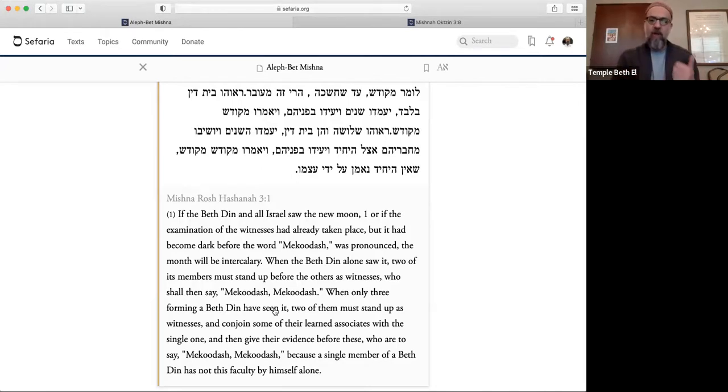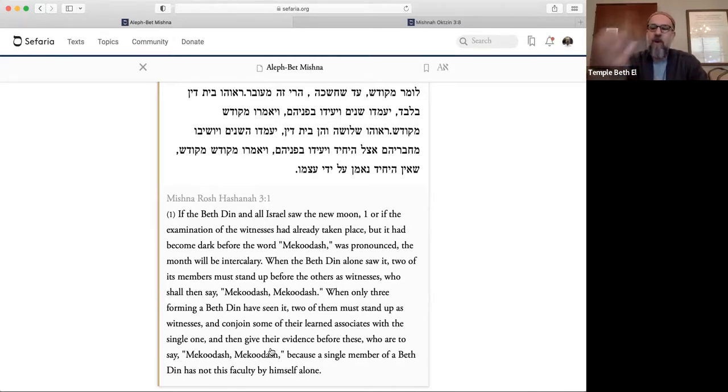So when only 3 forming that Beit Din have seen it, 2 of them must stand up as witnesses and conjoin some other of the learned associates with the single one, sort of like deputize one of the front row law students. That's what they mean, that there would be people in the court who were studying to be judges.